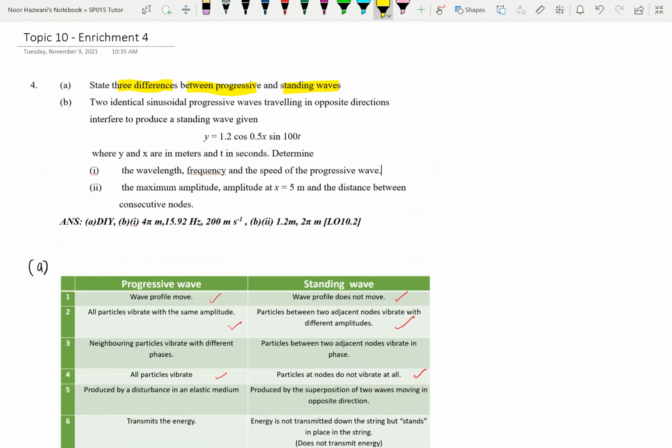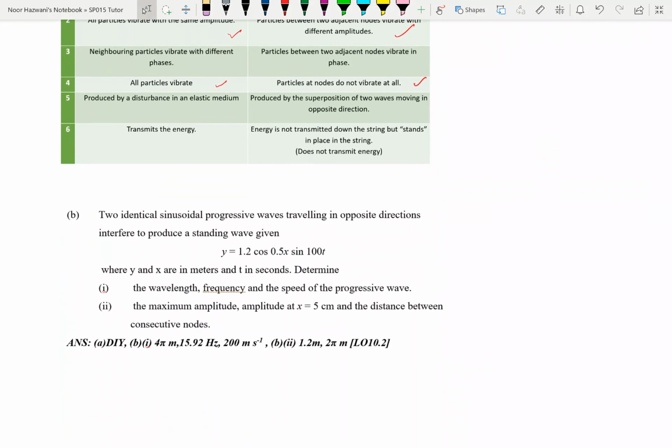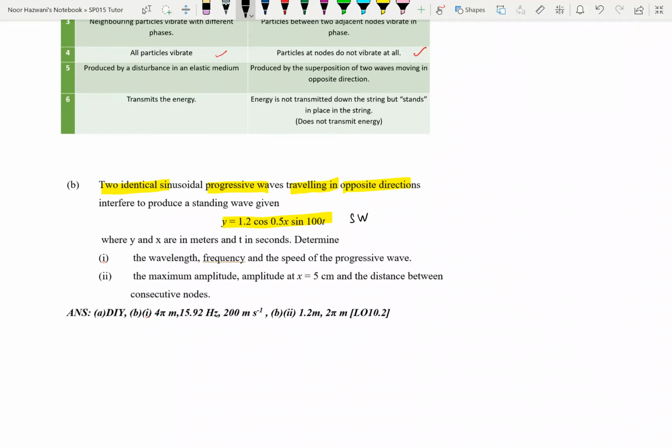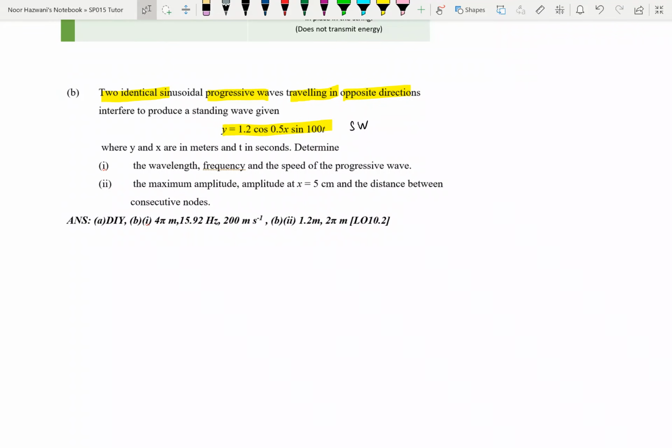So for part B, the question is, two identical sinusoidal progressive waves travelling in opposite directions interfere to produce a standing wave given. So basically, equation yang diberi ni adalah equations of standing wave, bukan progressive wave. So kita compare lah dengan general equation of the standing wave. Okay, kita tulis balik.